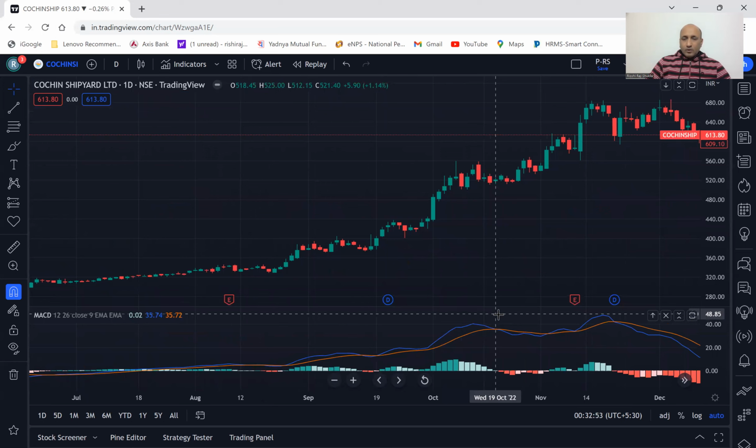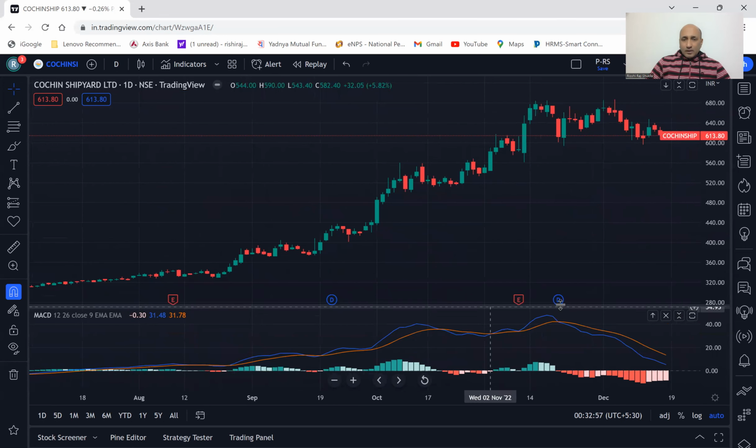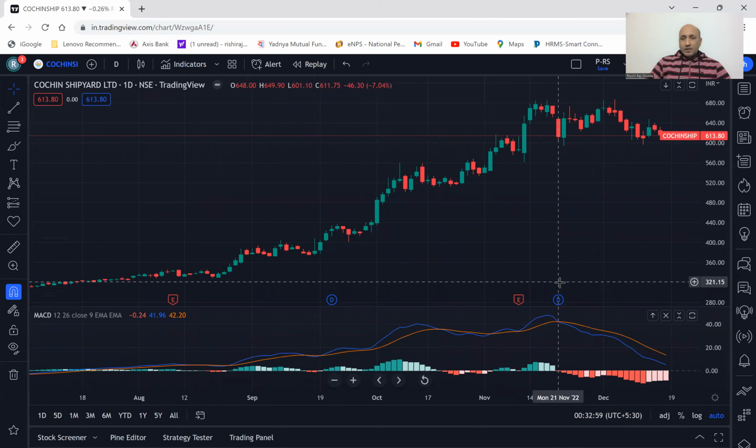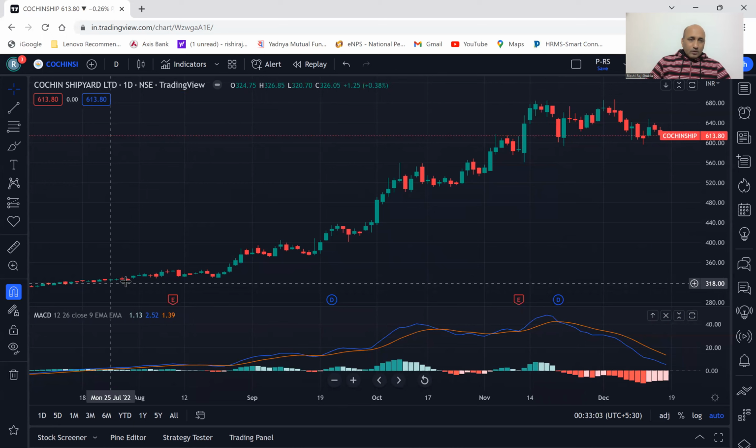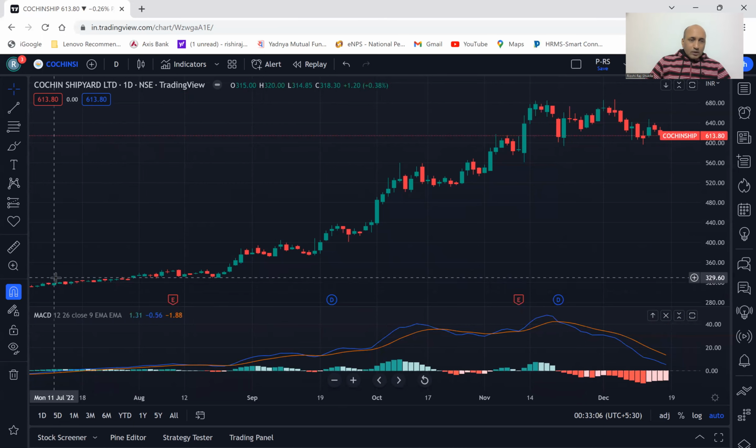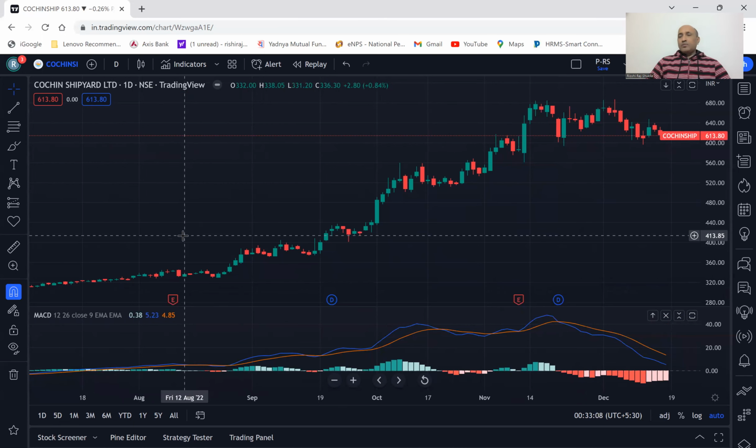One can exit for a short period, again take entry here and continue, and here this point convincingly this is happening and exit. So from here, almost from here to here, one can easily have this long benefit.